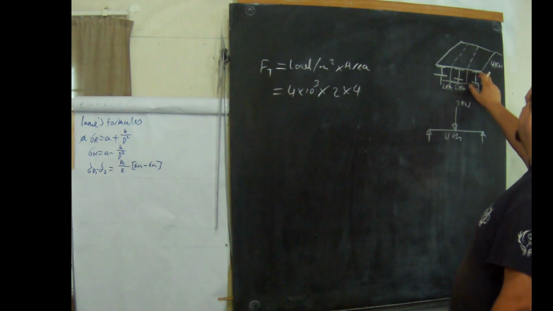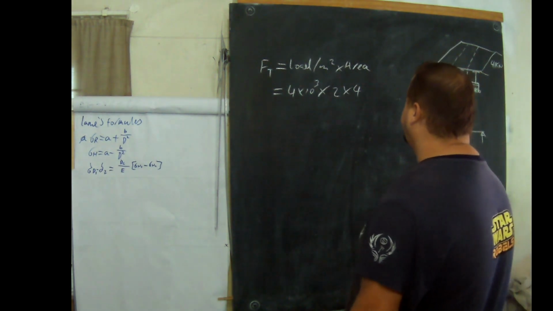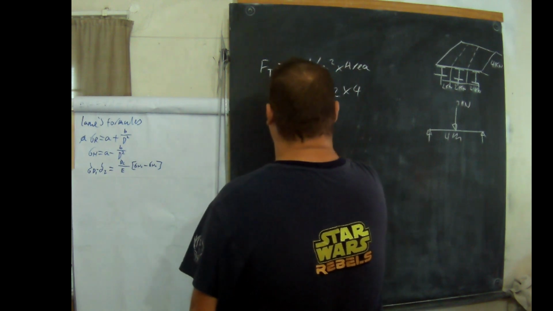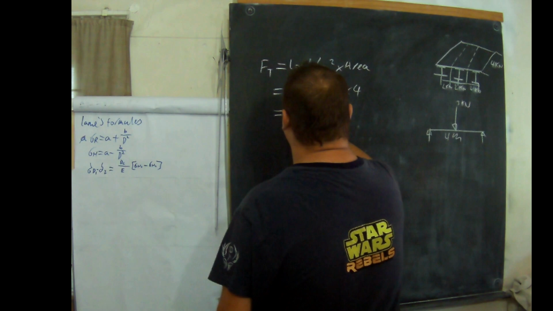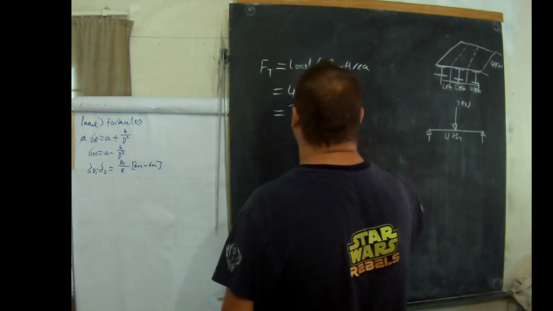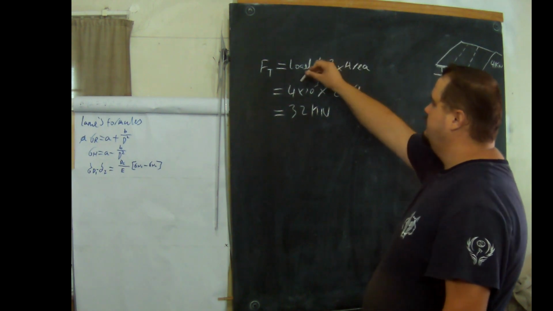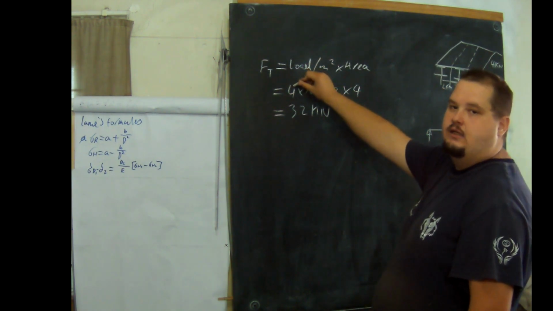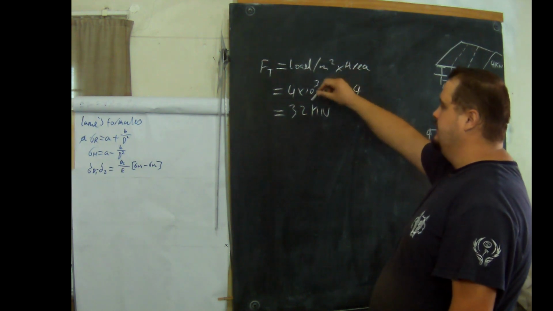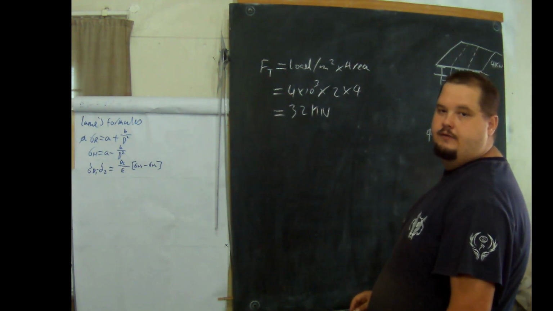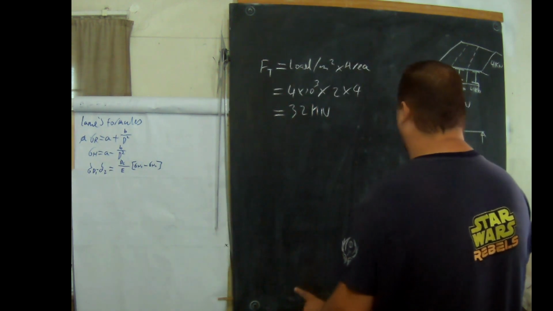So it's 2 meters by 4 meters. Now this will equal 32 kilonewtons, because 4 times 4 is 16, 16 kilonewtons multiplied by 2 is 32 kilonewtons, as you can see. So that'll be valuable later.